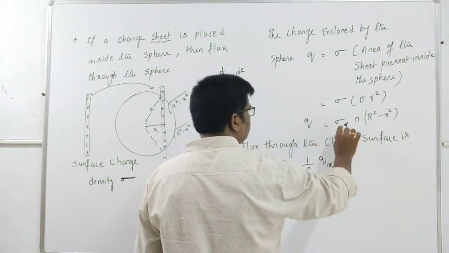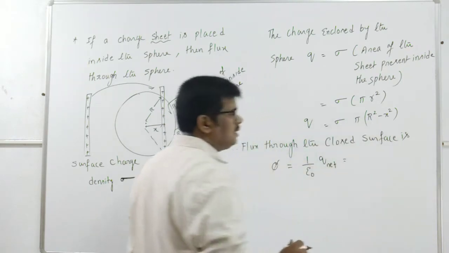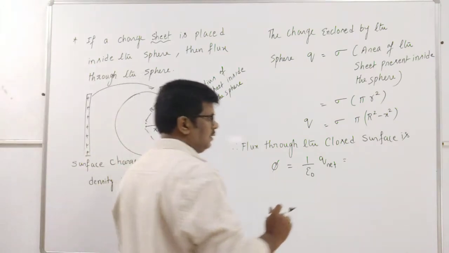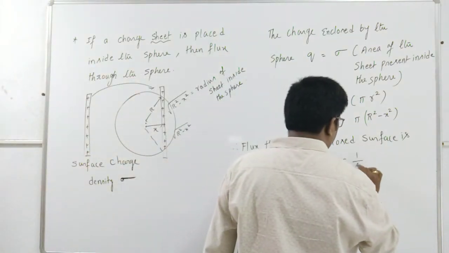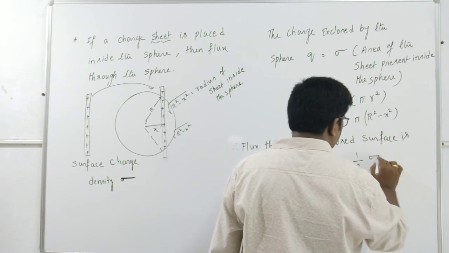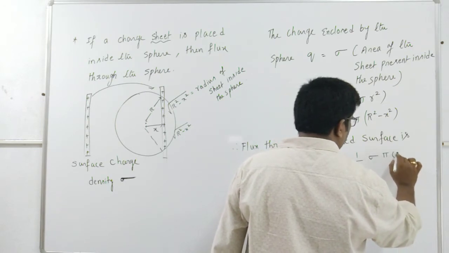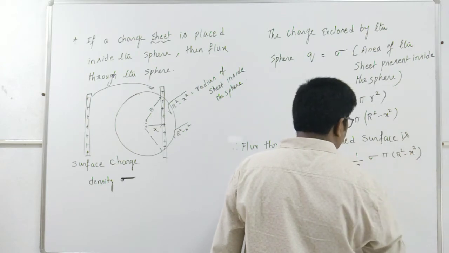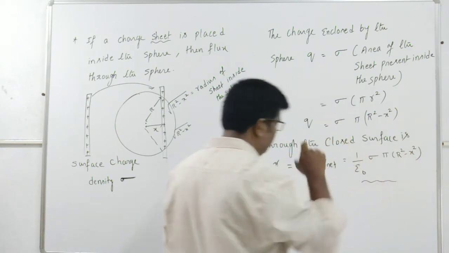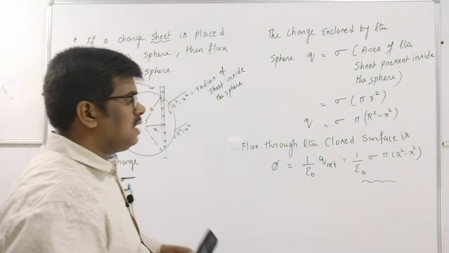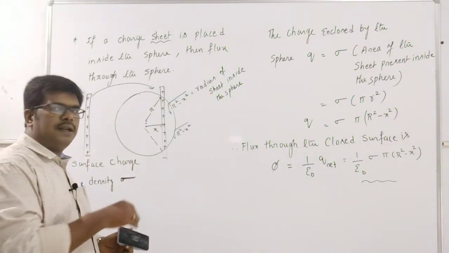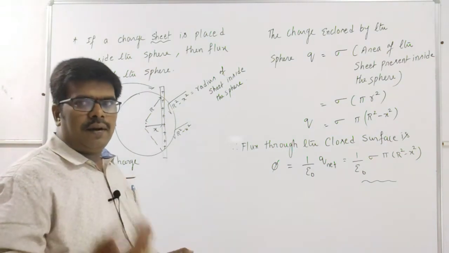The net charge enclosed we determined already, that is sigma pi into R square minus x square. So 1 by epsilon naught times sigma into pi times (R square minus x square). So this is the result when a charged conducting sheet is placed inside the sphere, the total flux.